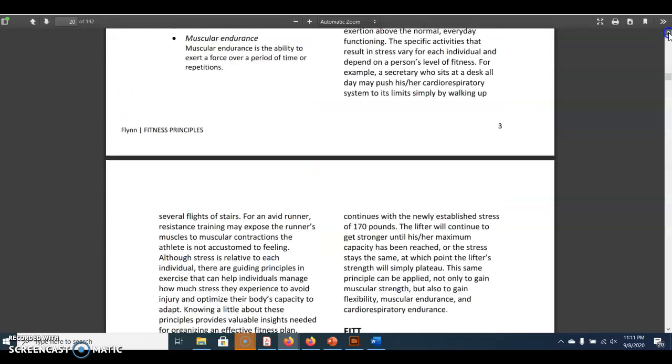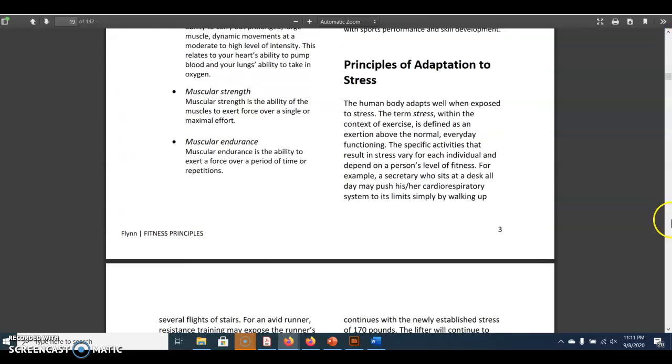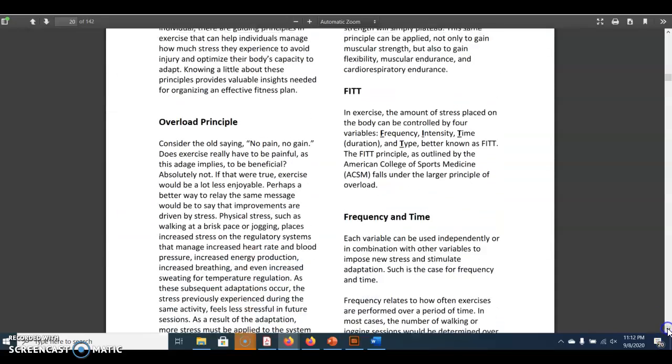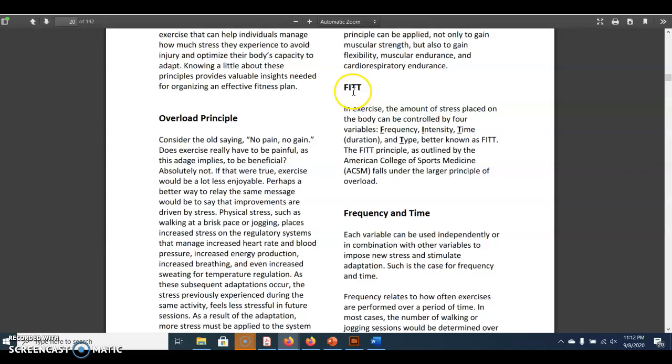So when you're looking at that, we have frequency, how often, intensity, how hard, time, how long, type, what kind. So we can even break that down, type a little bit further and say cardiorespiratory. Cardiorespiratory exercise is defined as large muscle groups moving in a rhythmic fashion for a specified period of time in your target heart rate zone.